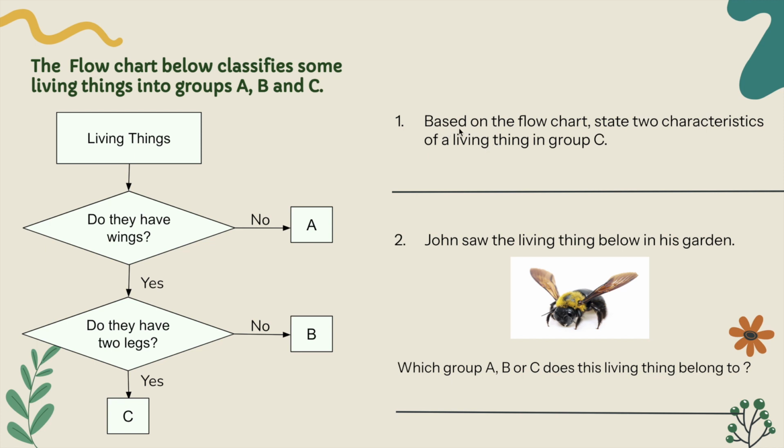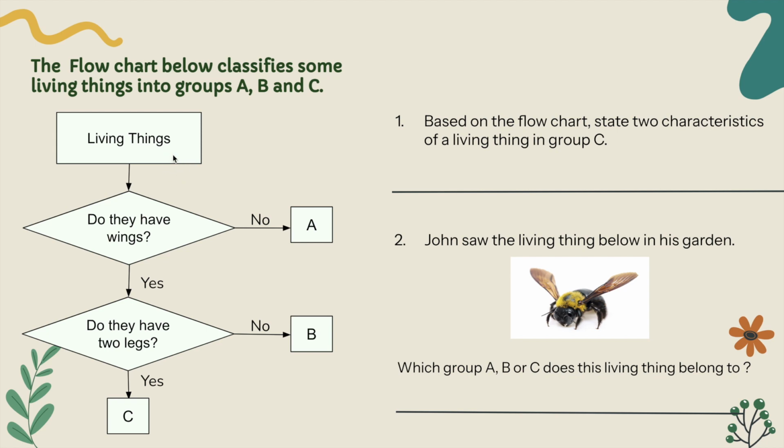Question says, based on the flow chart, state 2 characteristics of a living thing in group C. Based on the flow chart means to use the information only from the flow chart to answer the question. Do not use what you know but is not shown in the flow chart.